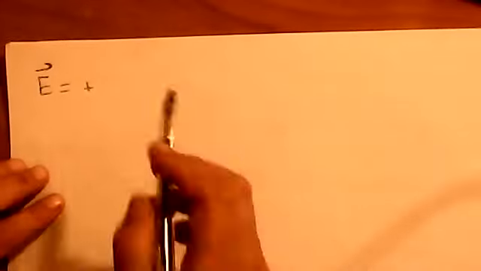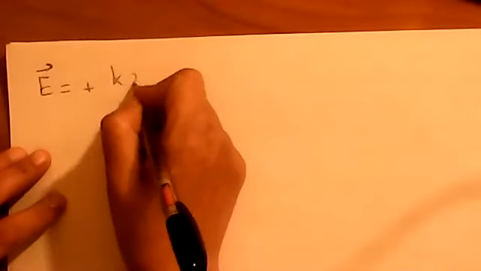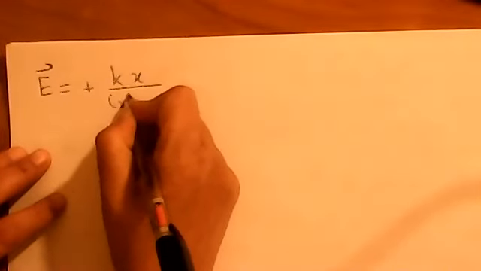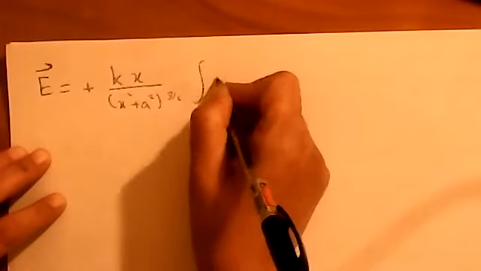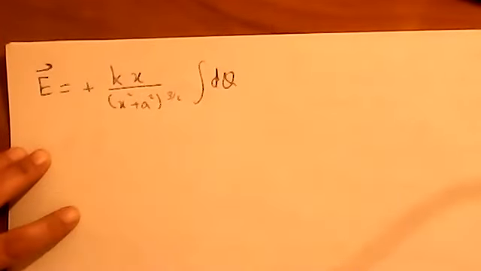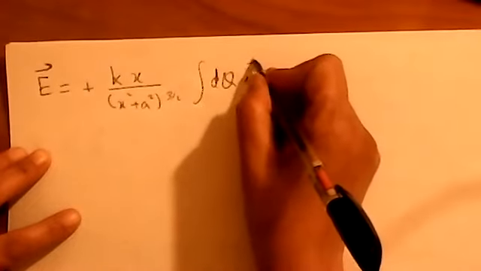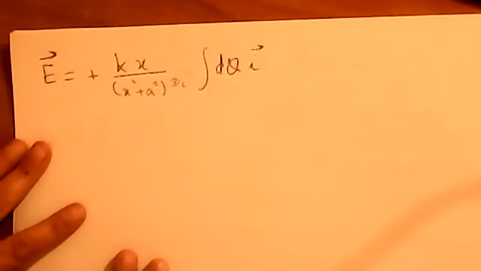All of these come outside: k, x, and this times this to the power 3 over 2. So what I have is k x over (x squared plus a squared) to the power 3 over 2, times the integral of dq, with direction i.